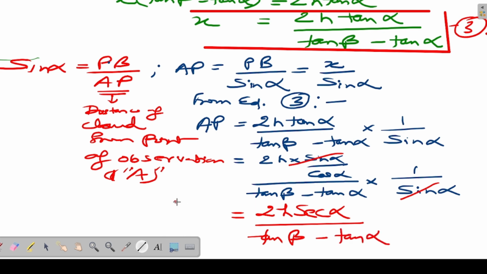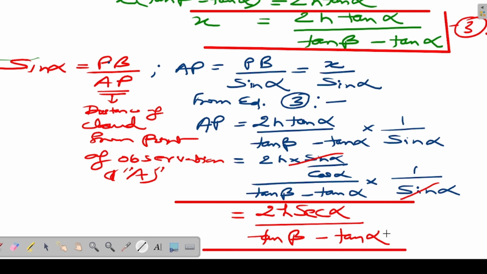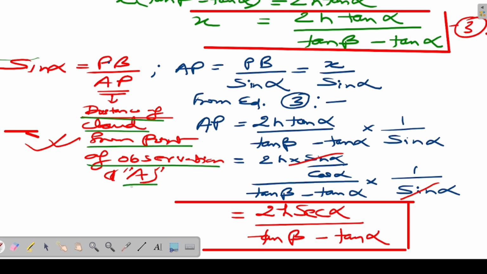So the length of AP is the distance of the cloud from the point of observation, that is A. So AP is equal to h sec alpha by tan beta minus tan alpha.